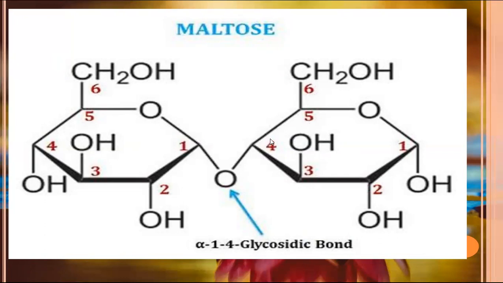During this bond formation, the hydroxyl group of the first carbon is eliminated along with the hydrogen atom of the fourth carbon. The hydroxyl group and hydrogen are eliminated as a water molecule.